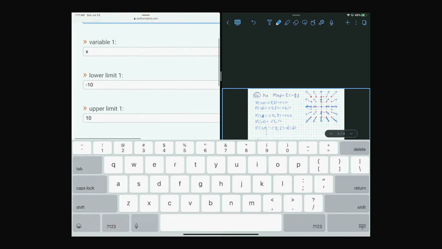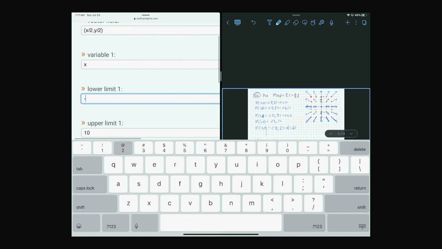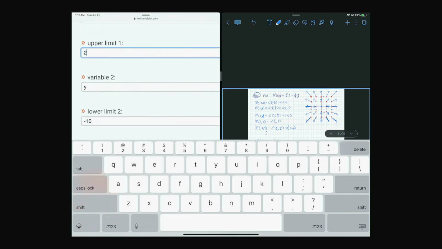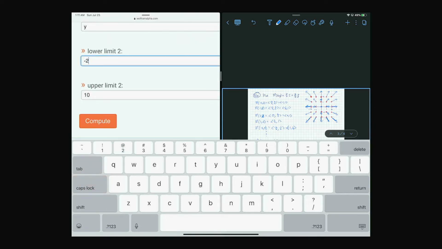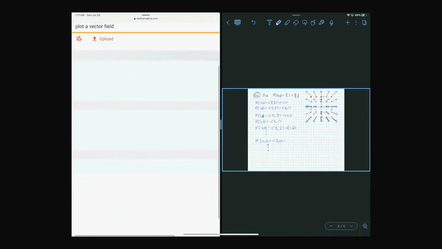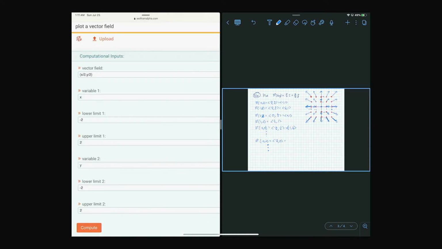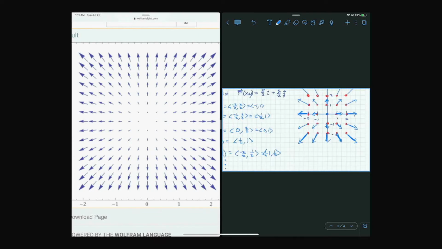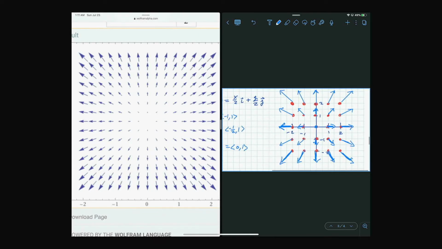I don't know what that's for. Negative 10 to 10. We only plotted at negative 2, 2. Oh, I guess variable 2. I guess that's for specifying the limits. Never mind. Now I know. Okay, upper limit. And compute. Let's see what we get. Okay. Yeah, right. We got the same graph.